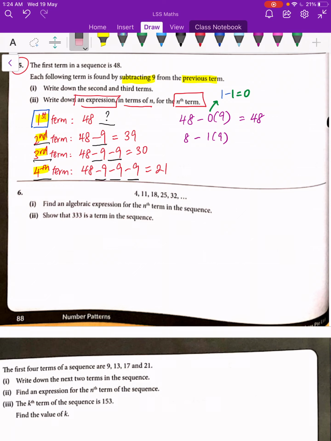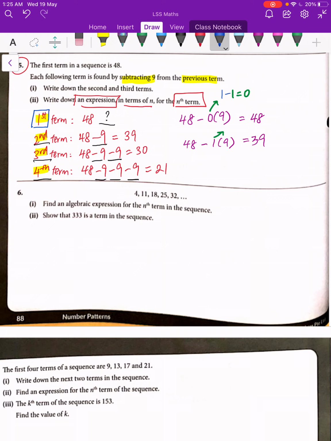And for the next one, let me space out a bit. 48 minus 1 times 9, which is the second term, gives me 39. How do I get this 1 over here?